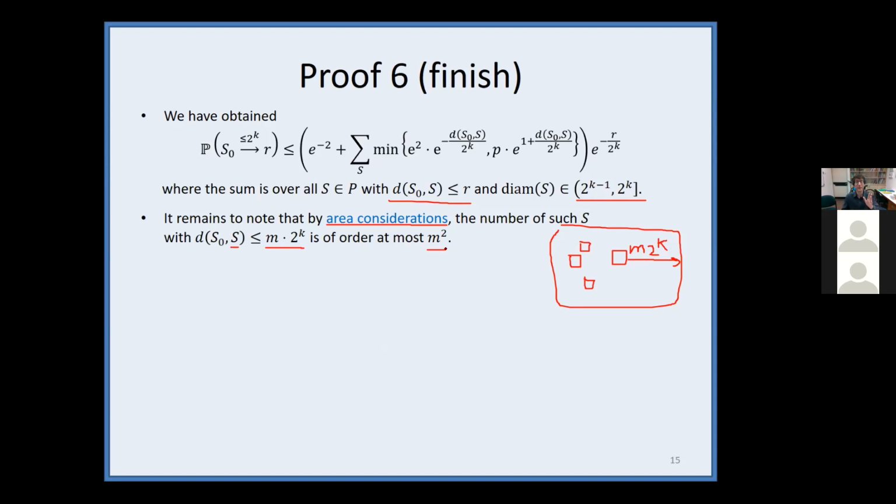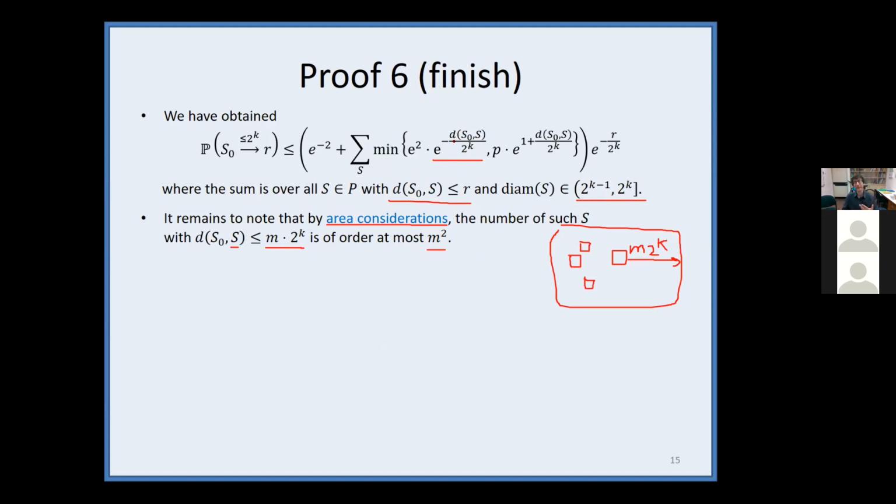So only a polynomial number, actually I don't care about the power. And so the number grows polynomially, but the benefit in the probability to me is exponential in the distance. When you divide by 2 to the k, you get e to the minus m.